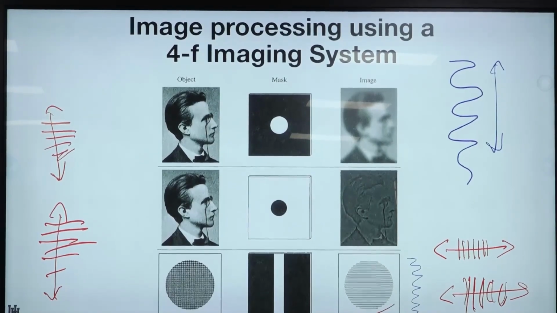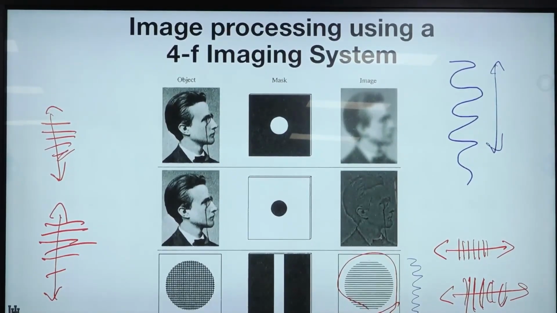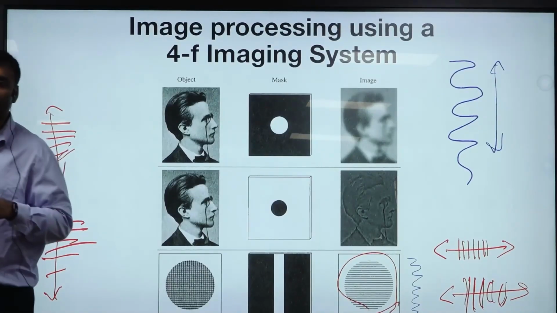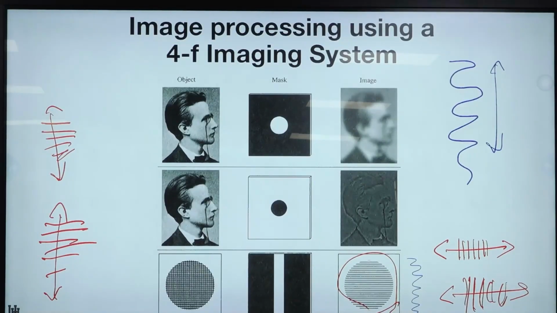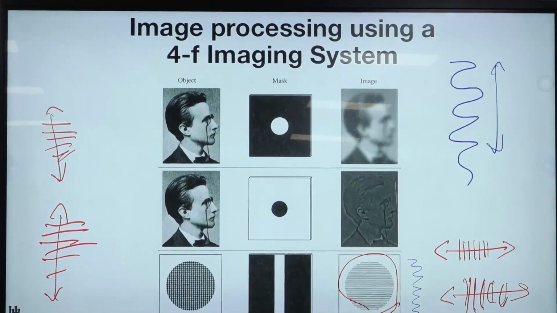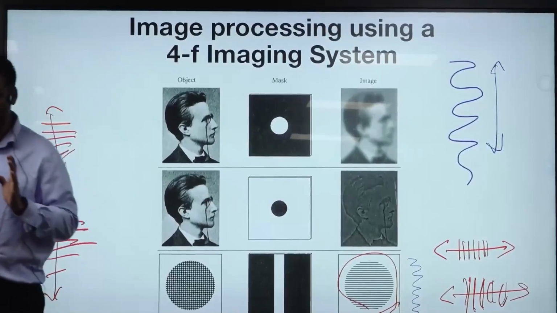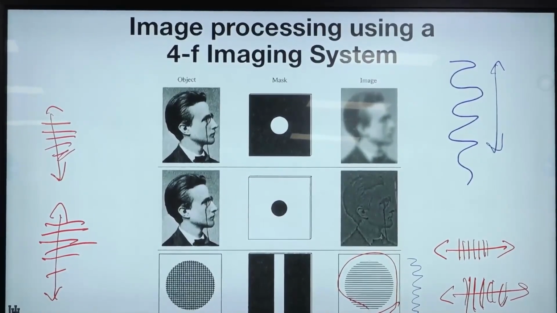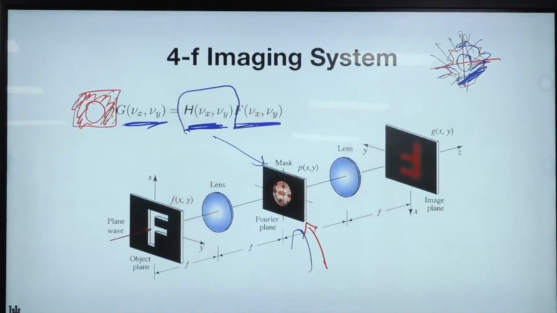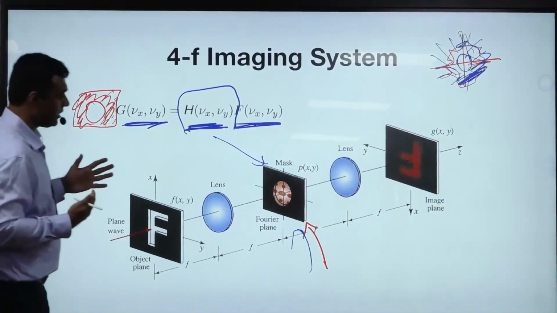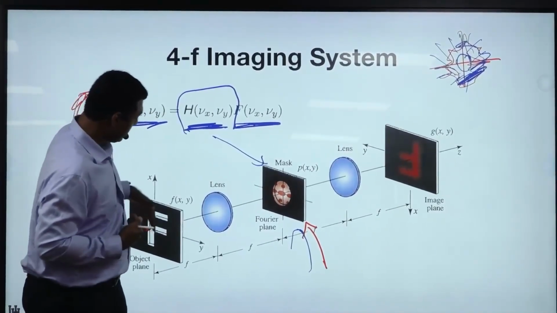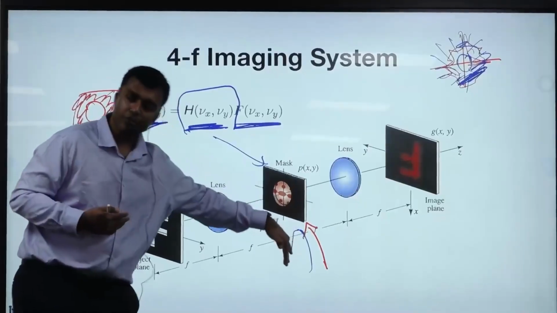So basically, we get only lines which are horizontal in nature. That's the nature of this 4F imaging system. The basic idea I want to convey to you is that we have this physical phenomenon where you take an object, put it in front of a lens, you get a Fourier transform.